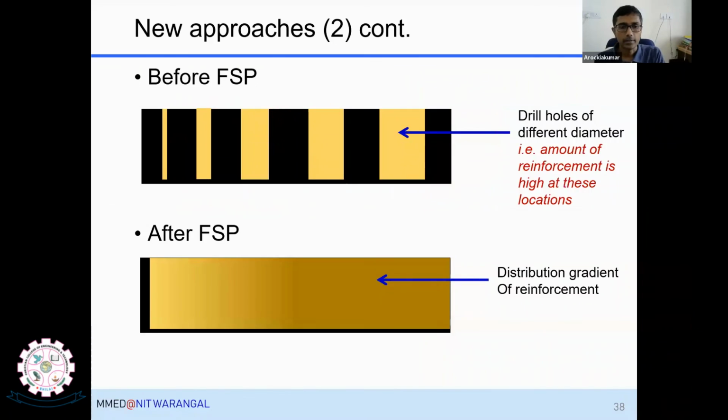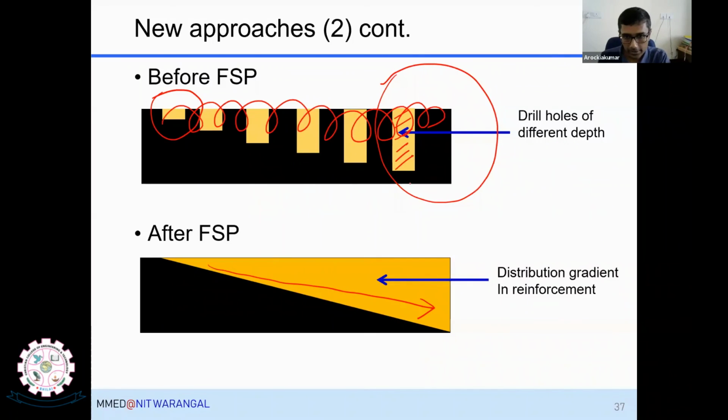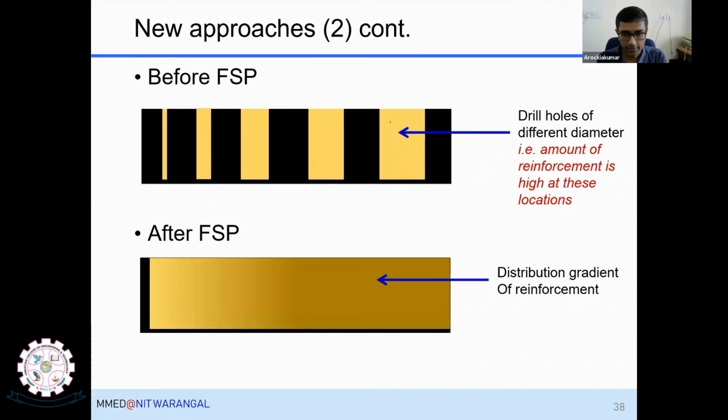Here the whole depth is varied, here the whole diameter is varied, so you can accommodate more reinforcement. Then this portion would have very high hardness as compared to the other side. So thereby you will be able to produce a gradient microstructure, and vary the property in a gradual manner.